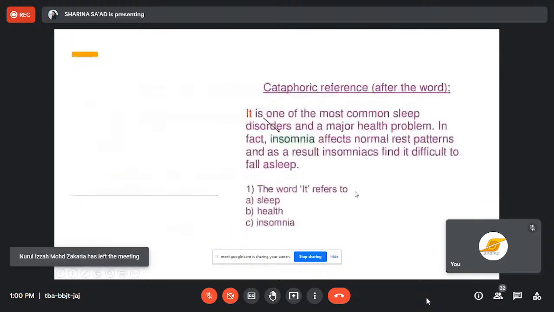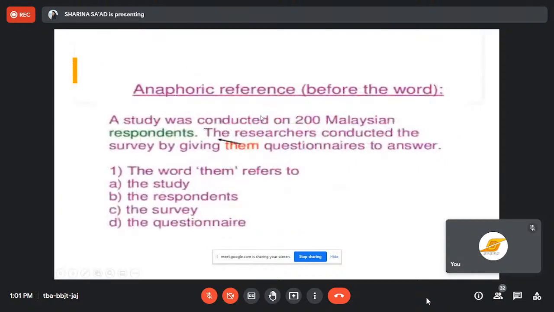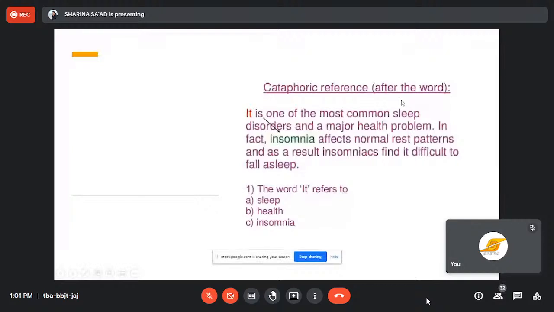Now let's look at cataphoric. Cataphoric reference is after the word. If you're still not clear, anaphoric reference is before the word, meaning before the word there is already a sentence, so you have to refer to the sentence before the word. The answer should be in the sentence before the word. Now cataphoric: you have to refer after the word.